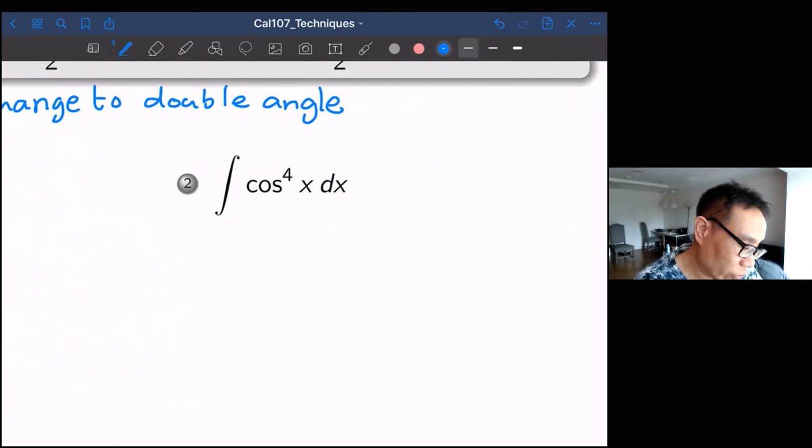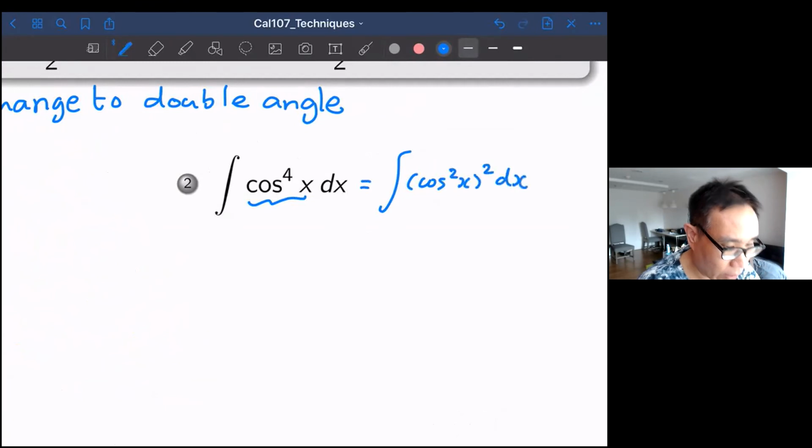So you're going to change cos to the fourth. We will not be able to deal with cos to the fourth directly. So you're going to change this one into cos square x, squared, dx, and you're going to use the trig identity.